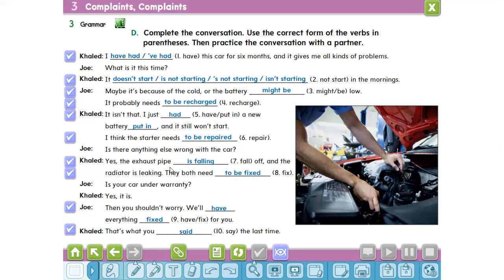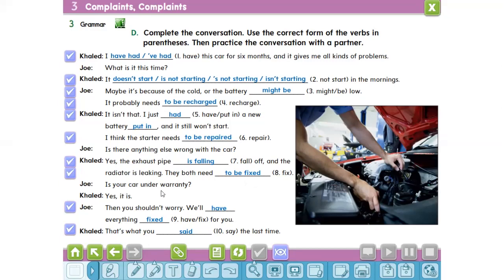Yes, the exhaust pipe is falling and the radiator is leaking. This is present progressive because the second part is present progressive. They both need to be fixed. Again, that's passive.